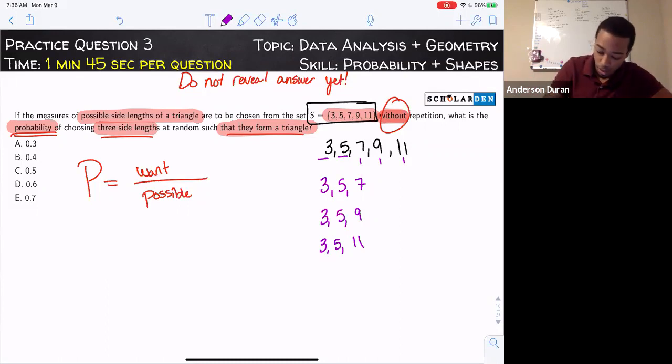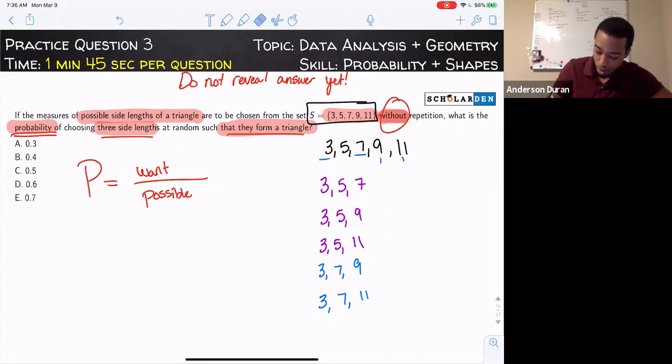Now I'm going to proceed by using 3 and then 7. So I have 3, 7, 9, then 3, 7, 11, right there.